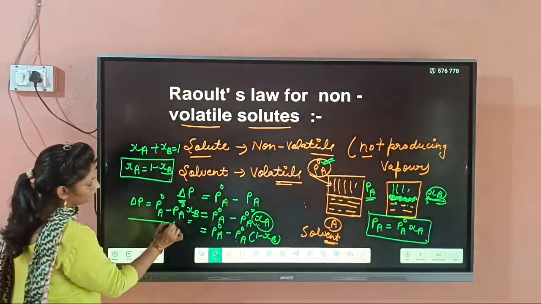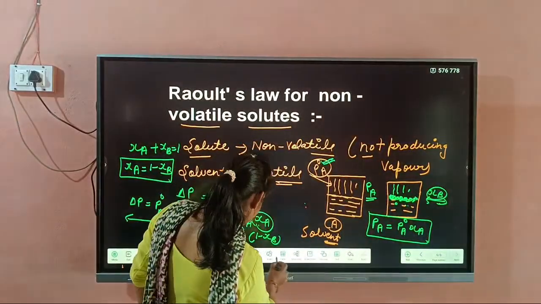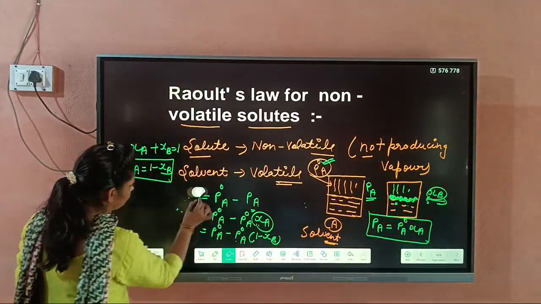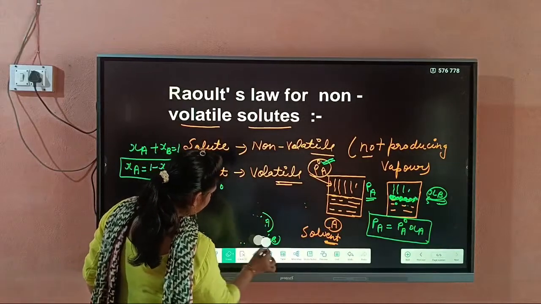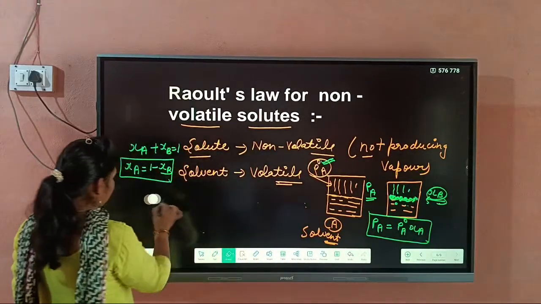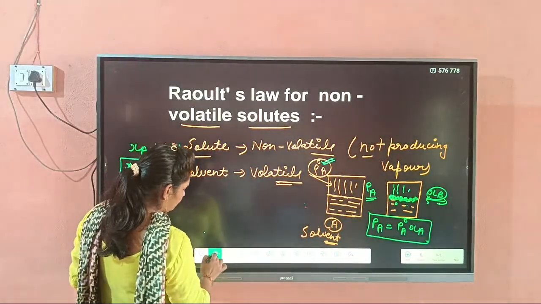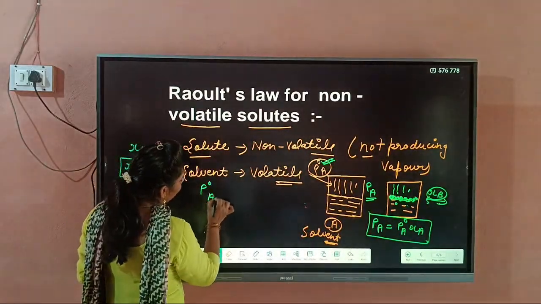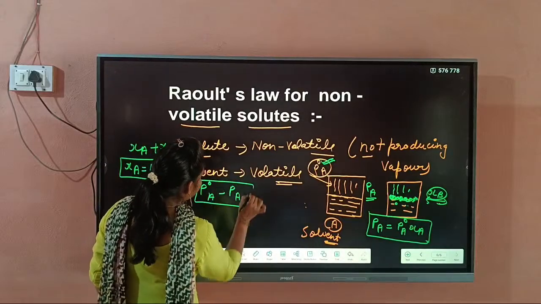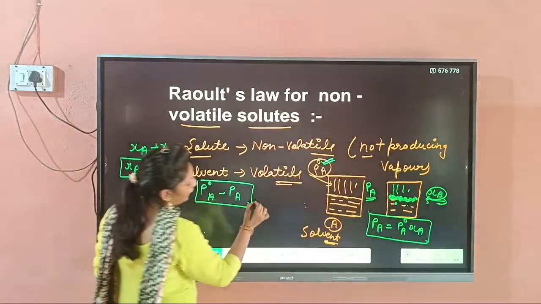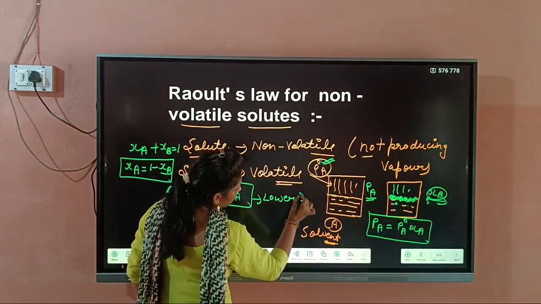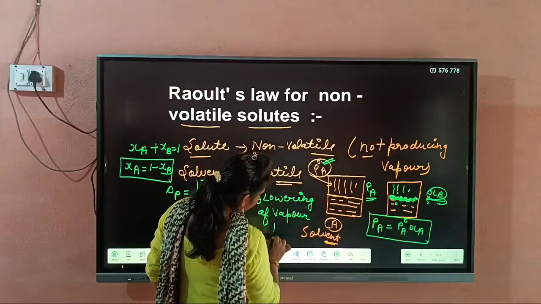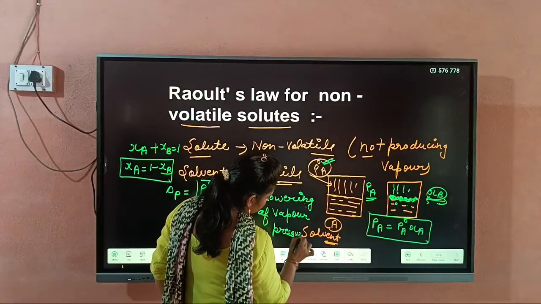So from here, P naught A minus PA, that is delta P, and it is known as lowering of vapor pressure. Okay, students.